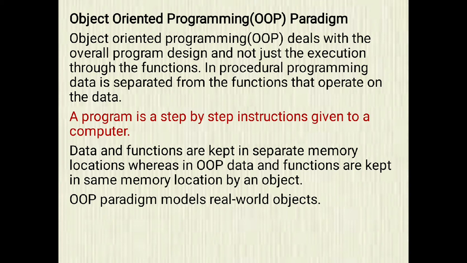Now, what is a program? A program is a step-by-step instruction given to a computer. We are discussing object-oriented programming and procedural programming, right? So a program is a step-by-step instruction that is given to a computer. When you say 1 plus 1 and then press the enter key, there must be a program written so that it will process that 1 plus 1 and give you 2 when you press enter.